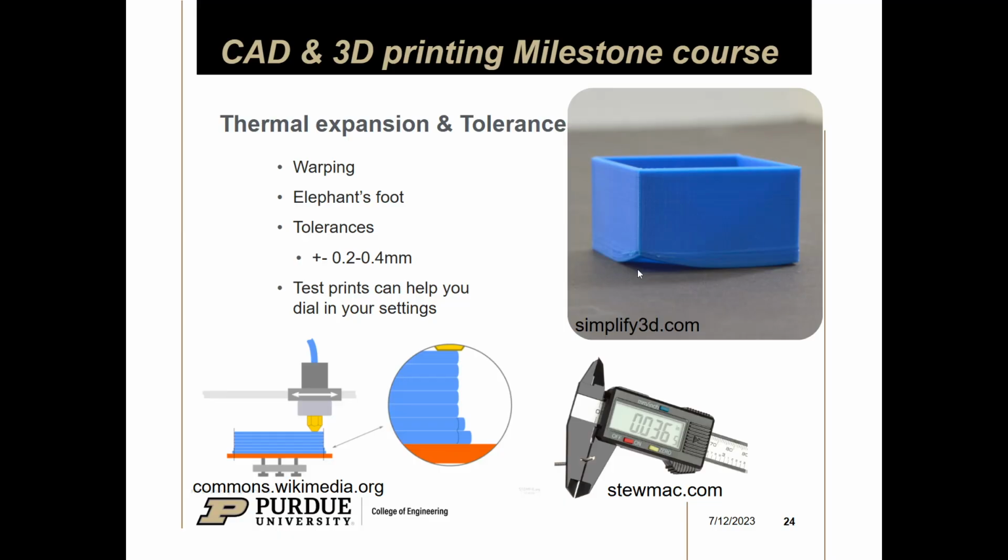But I used to print with ABS unenclosed, and when that happened, as the material cools, it shrinks a little bit. So the bottom of the print will shrink as the top is still warm, and then it'll curl itself off the print bed, sometimes to the point where it falls off. If the print completes, then sometimes it'll look ugly and sad like this, right?